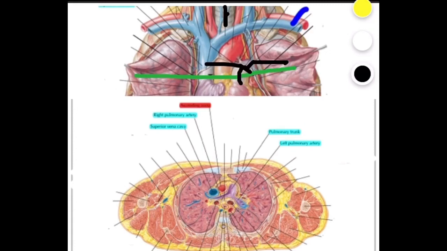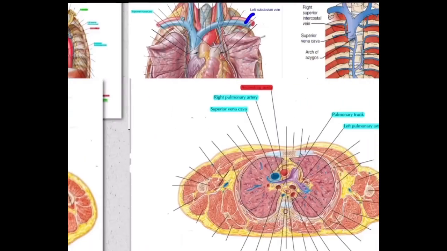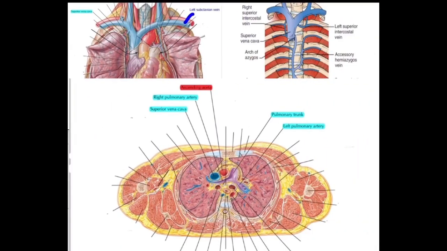Okay, now there are two other things which we have to study now. What are these? If we study this slide, I've spoken about the major things. Now the main thing that I want to tell about is the azygos venous system. So we have the azygos vein here on the right side.